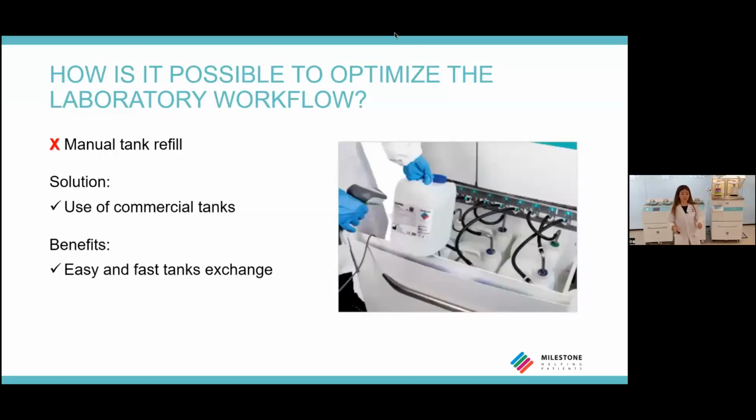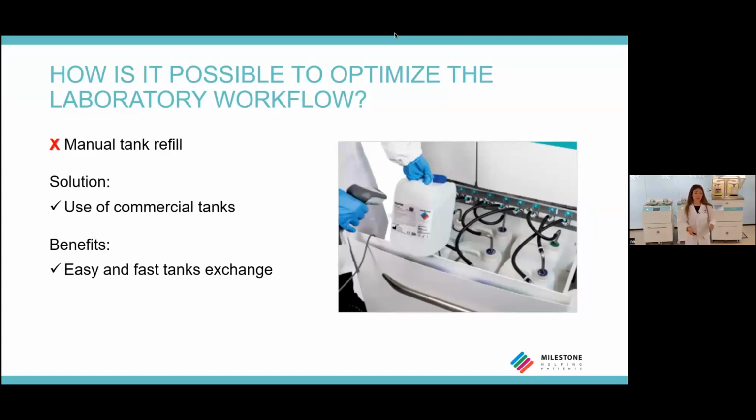Another big procedure that the processor requires is the reagent exchange. I'm sure that many of you know that this is a difficult and demanding task. Why? Because tanks have to be manually filled with the risk of spillage of dangerous reagent. You have to move heavy tanks.